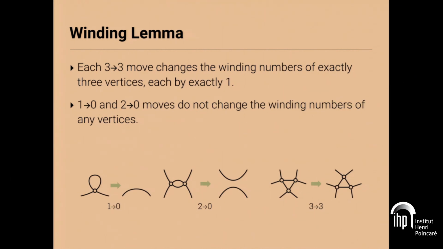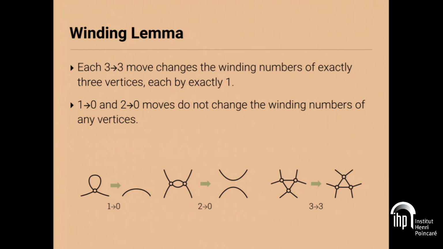And then think about what happens to these winding numbers when you perform a homotopy move. Well, any vertex that's not involved in the homotopy move, its winding number is not going to change. If the homotopy move gets rid of vertices, obviously their winding numbers aren't defined after they don't exist.